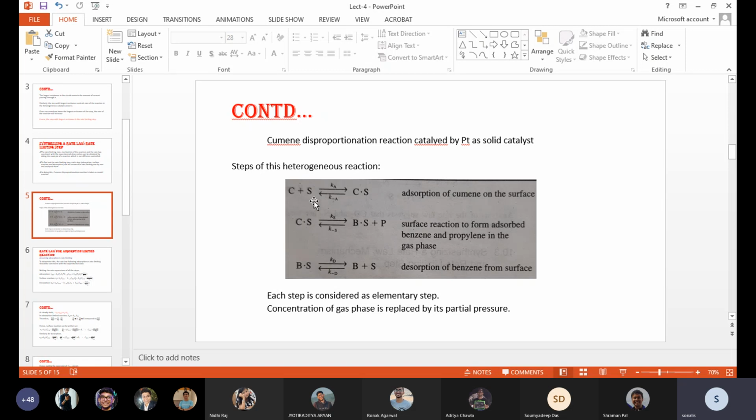CV is the vacant site concentration. The vacant site is S and its concentration is represented by CV. And K of minus A is the reverse, so it will be K of minus A into the concentration of C dot S.